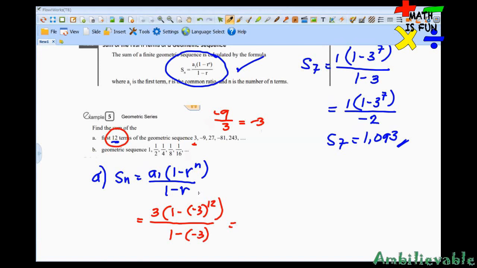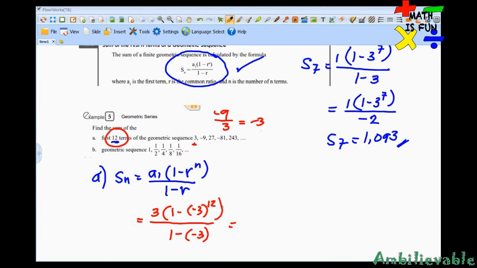You can directly enter that: 3 open bracket 1 minus negative 3 to the power of 12, closed bracket, over 1 minus negative 3.